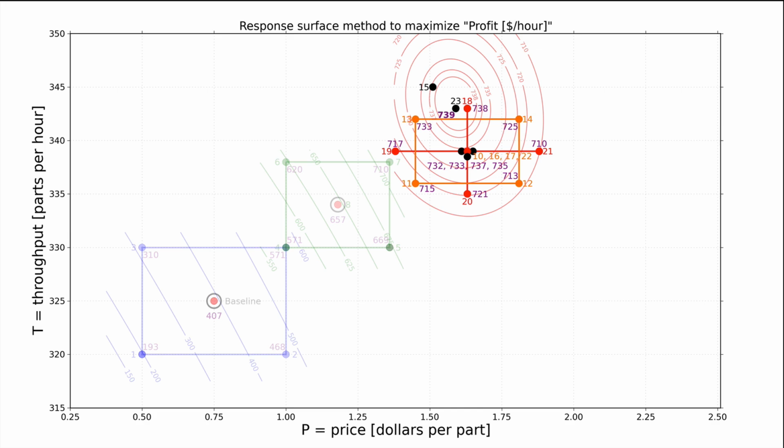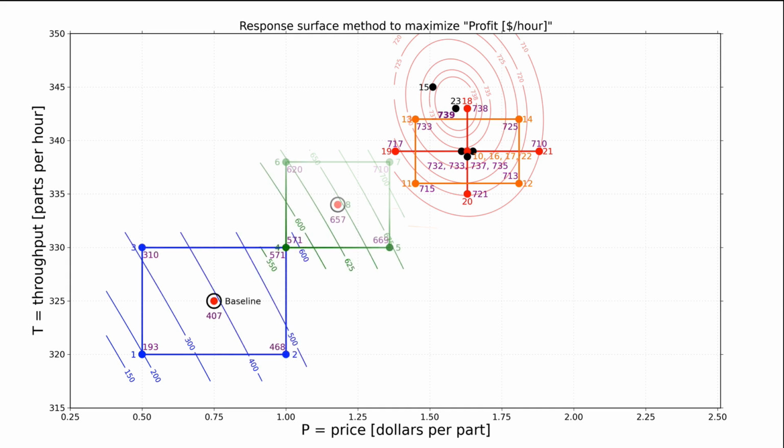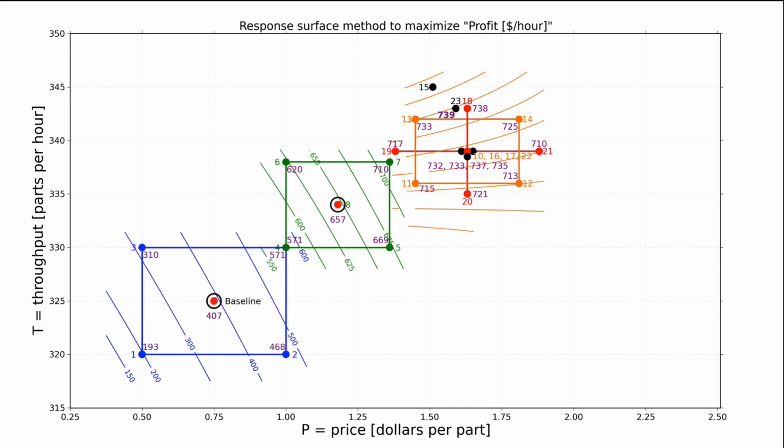So let's recap our entire approach. Start by building successive linear models shown here in blue, green, and orange respectively. I'm showing you the prediction contours in those colors for the local region around each model. Each of those local models had their own baseline or 0, 0 value.